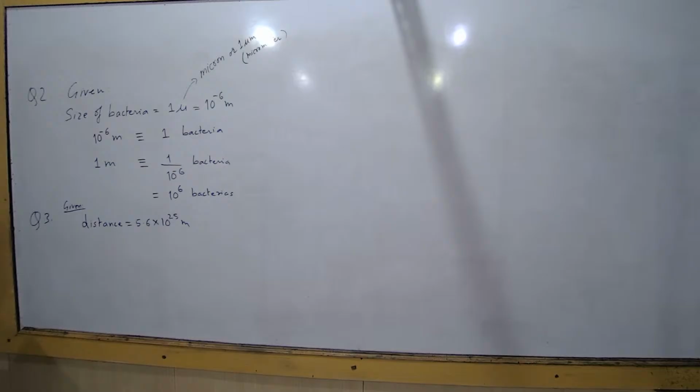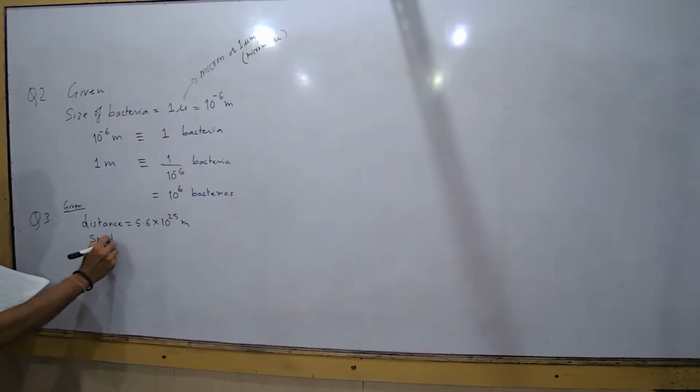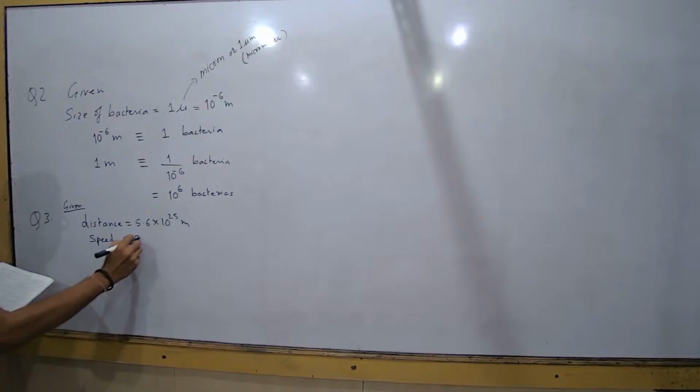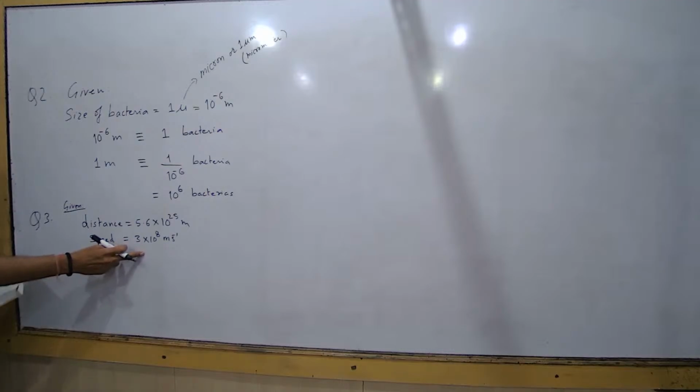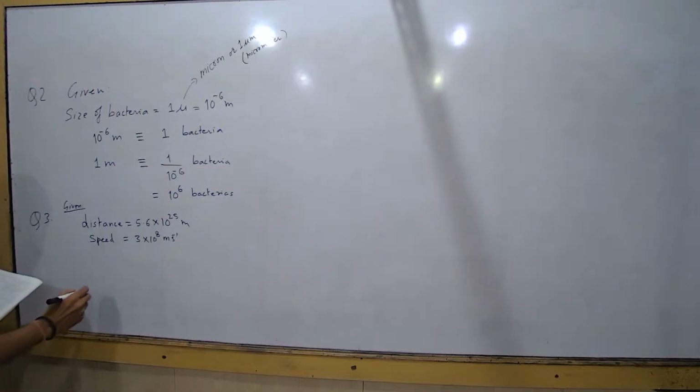Then, assuming the speed of light, so what is the speed of light? 3 into 10 raised to 8 meters per second. This is a standard constant, you have to remember it also. Speed of light is always this in air or vacuum. Find the time taken by light to travel this distance. You have to find time.